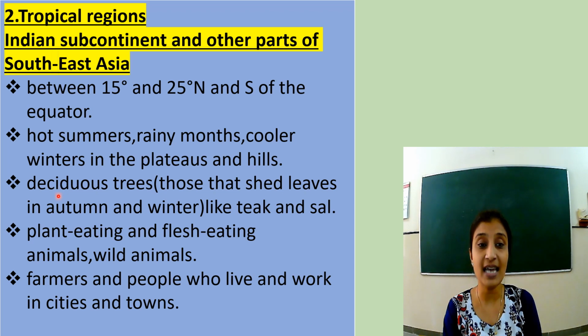Tropical regions have deciduous trees. Deciduous trees means trees that shed leaves in autumn and winter, like the teak tree and the sal tree. We have plant-eating and flesh-eating animals and wild animals here. You'll find farmers and people who live and work in cities and towns.